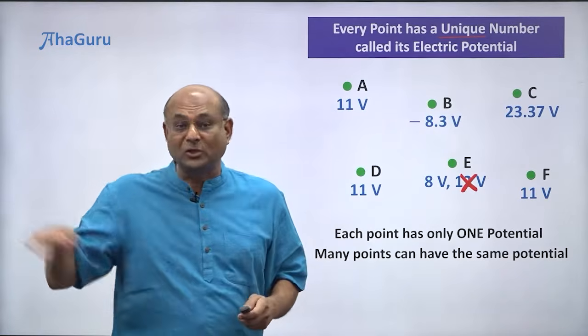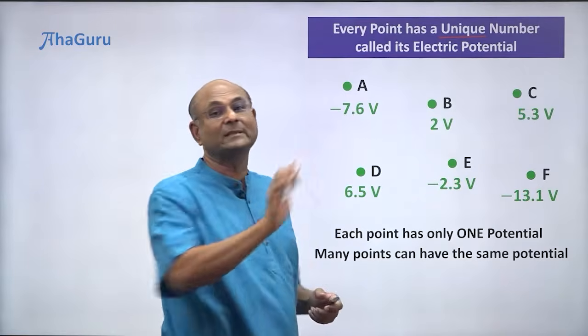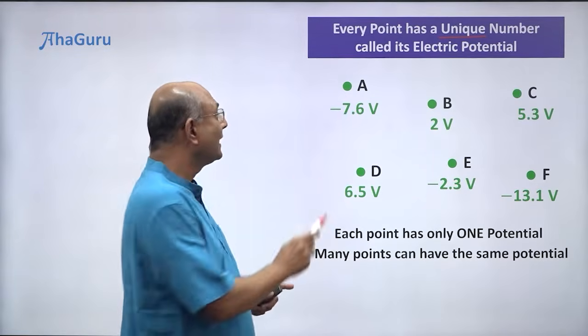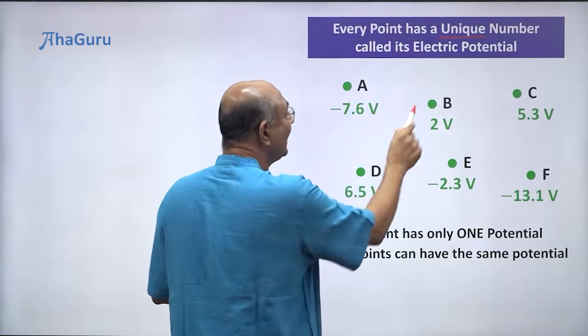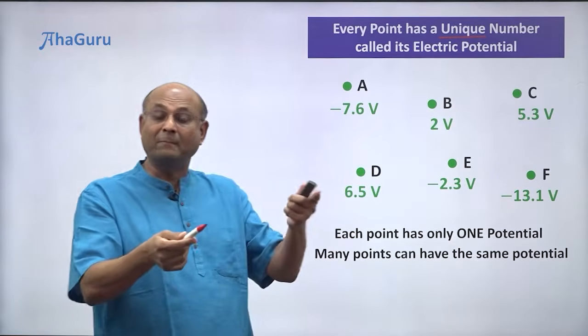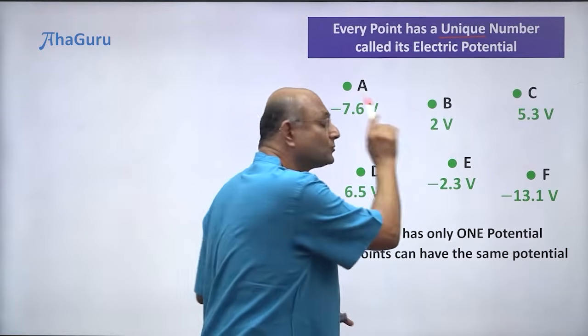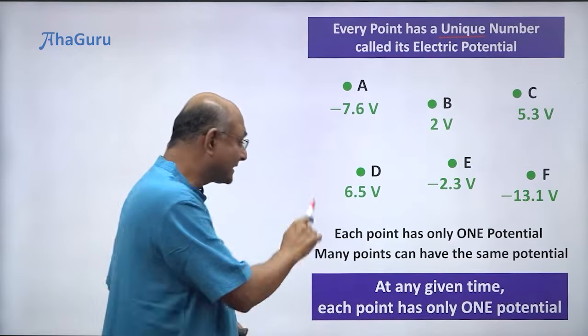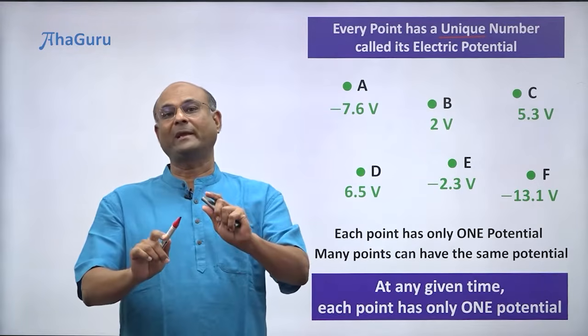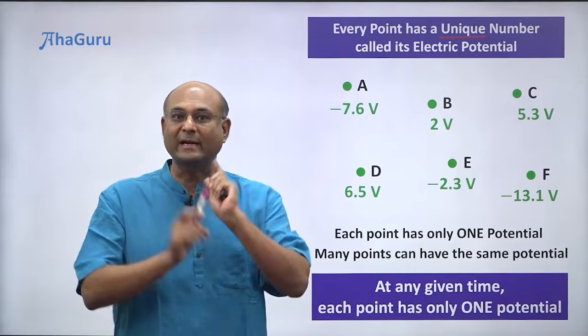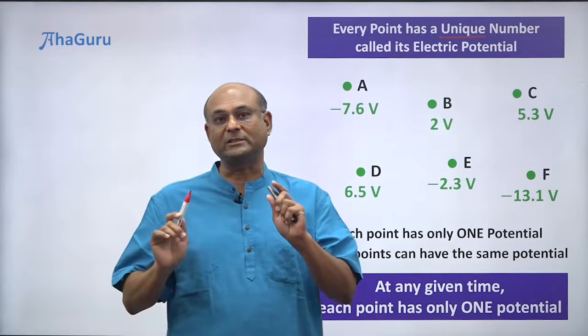So if I go and switch on the light, suddenly all these numbers have changed. But notice, again at A there is only one number, at B there is a different number, but it still has one number. At any given instant, each point has one unique electrical number called its potential.